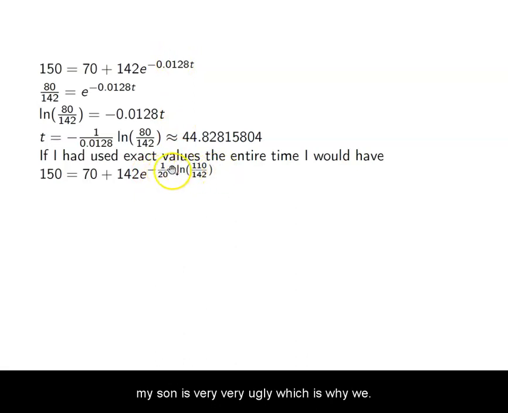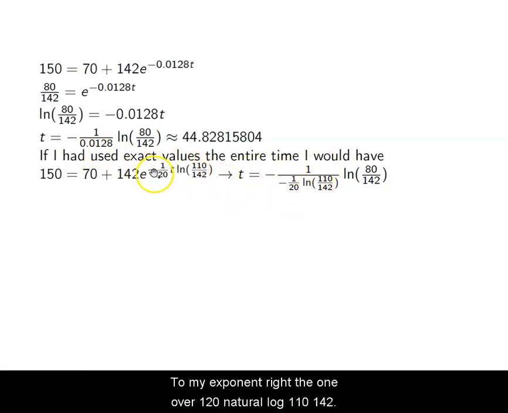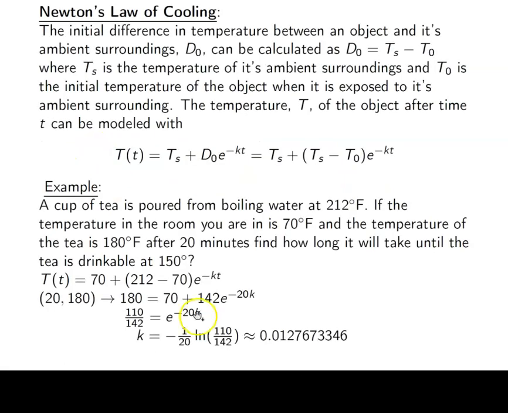So it's very, very ugly, which is why we use our decimal approximations. If I went ahead and solved this, my T, instead of being 1 over negative 0.0128, it would be 1 over my exponent, because that's how I got this value in the first place.